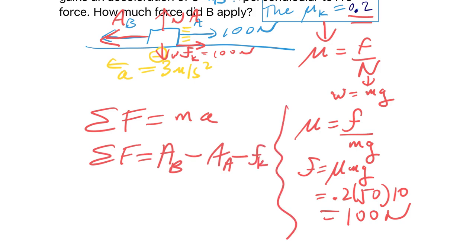Sorry, this looks a little confusing. So the applied force of B, I'll just say F of B, minus the applied force of A and the friction.